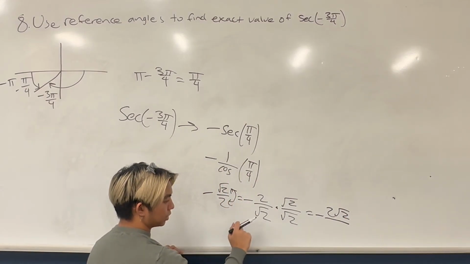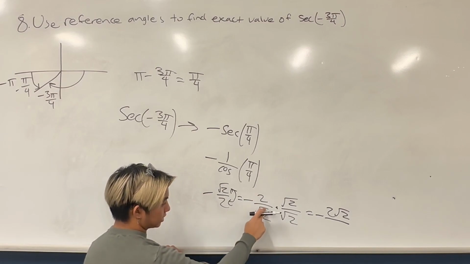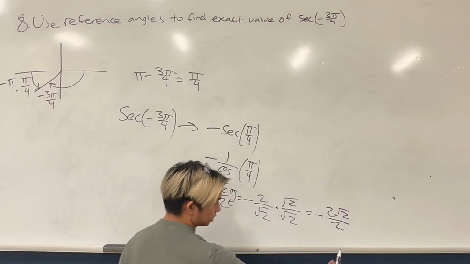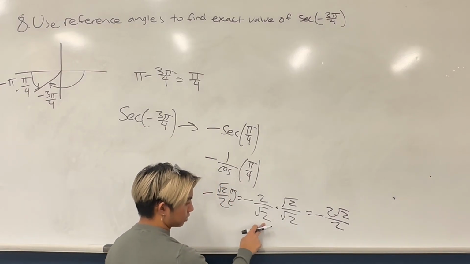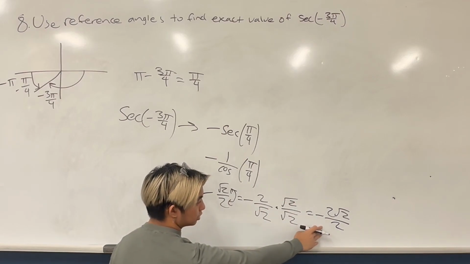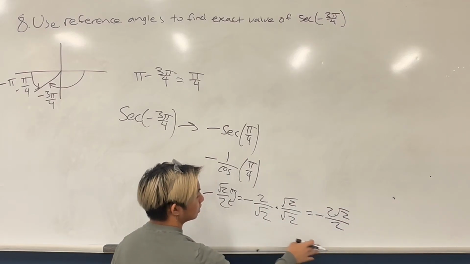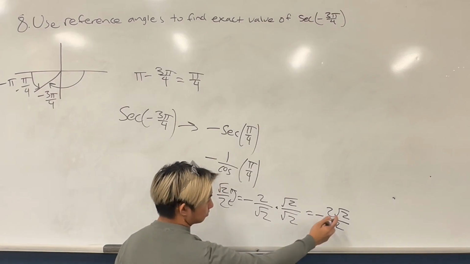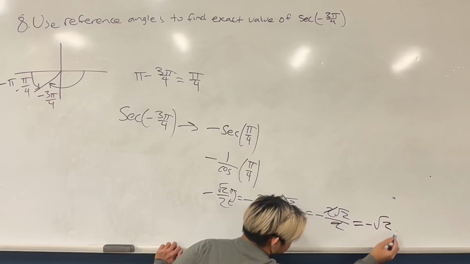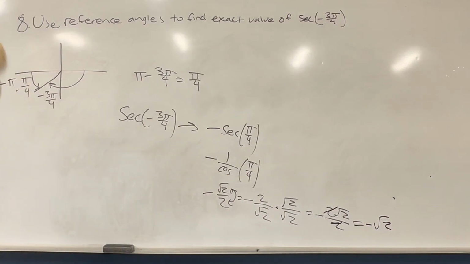That means we can cancel out those radicals, so it'd just be 2 on the bottom. So now we have negative 2 square root 2 over 2. So 2 on top, 2 on bottom, just cancel them out, and we are left with negative radical 2. And that should be the answer for number 8.